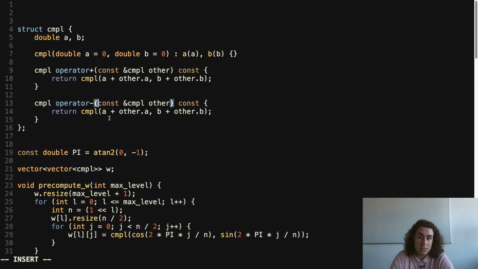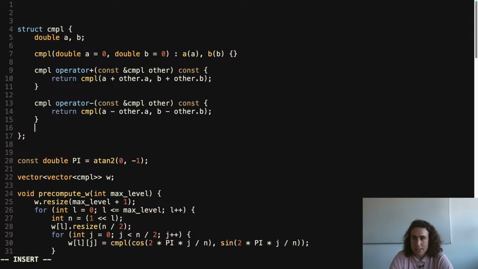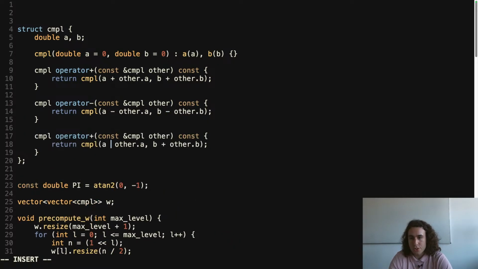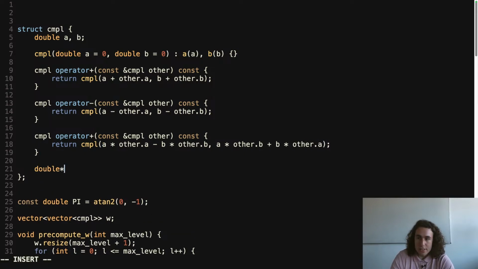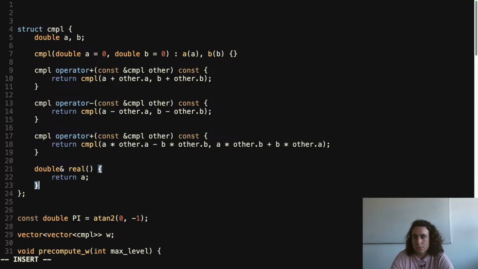What else do we need? We need multiplication. That's a little bit more complicated, but not that much. Let's remember what the formula is. We multiply the real components, we multiply the imaginary components and subtract it, and then we do the cross multiplication: a times other b plus b times other a. Now we probably need the imaginary and real parts because we use those.